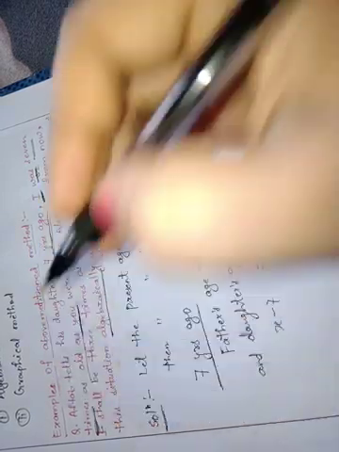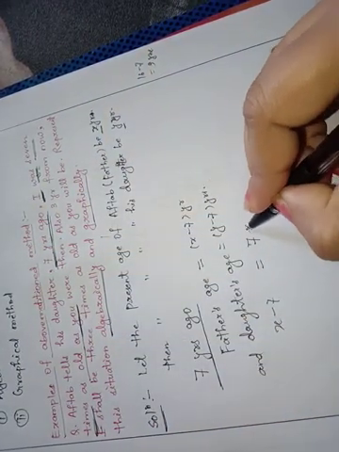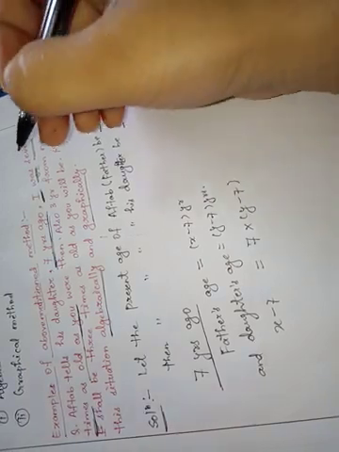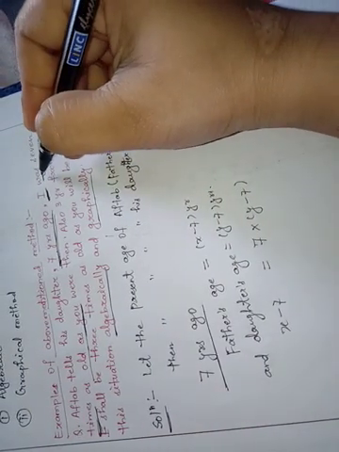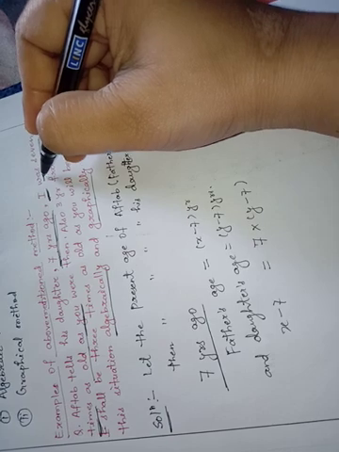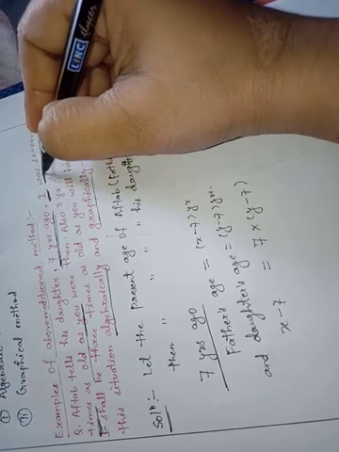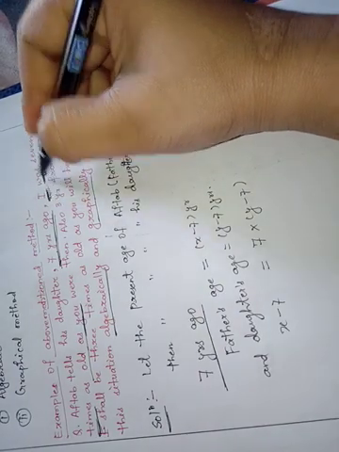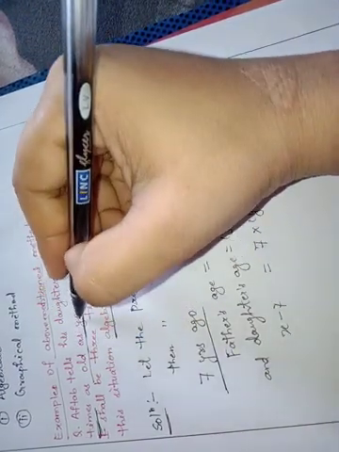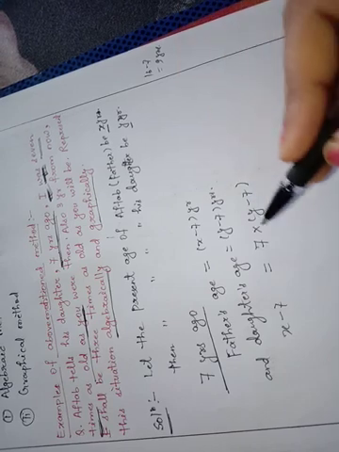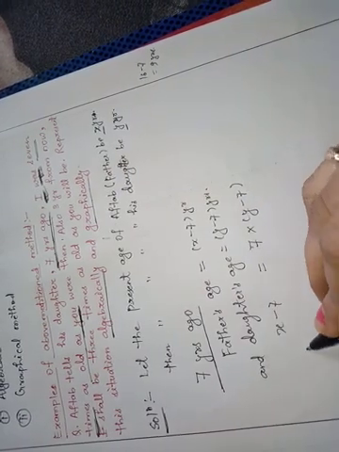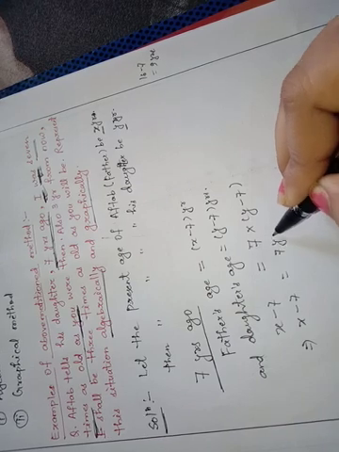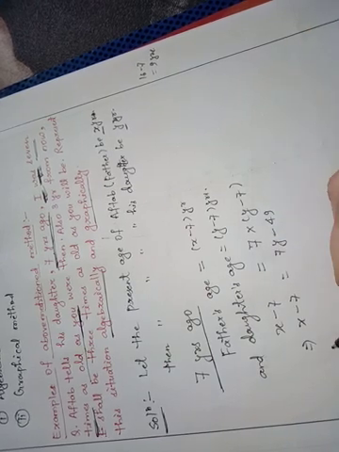So 7 times means 7 into Y minus 7. X minus 7 equals 7Y minus 49.